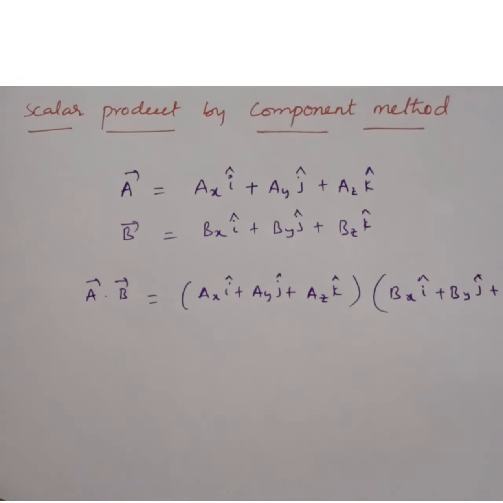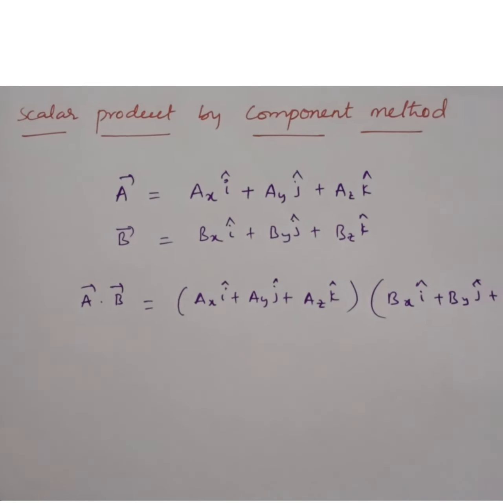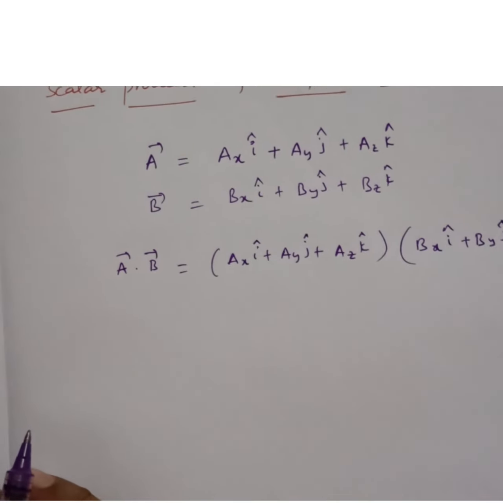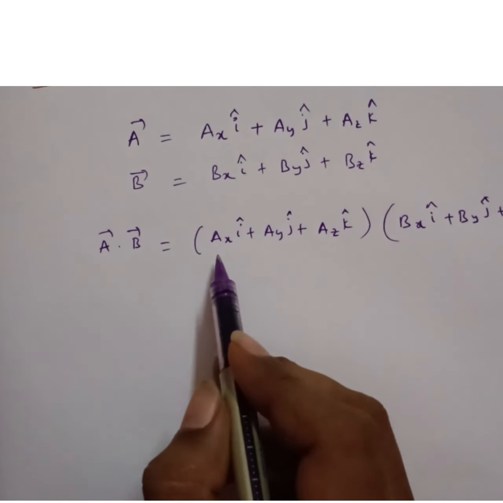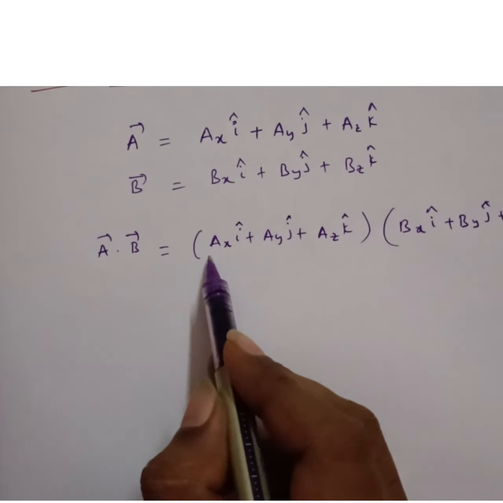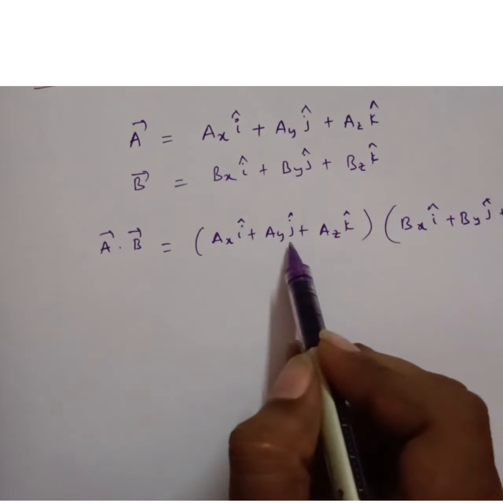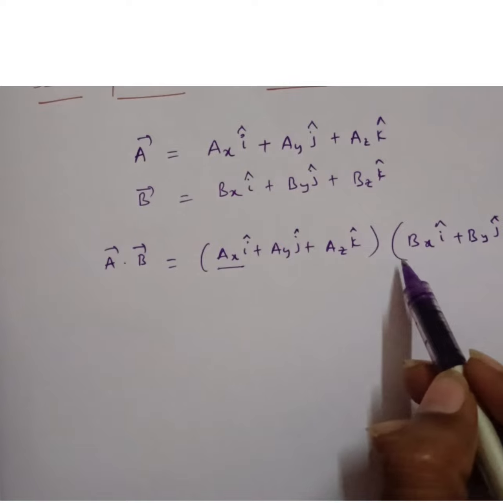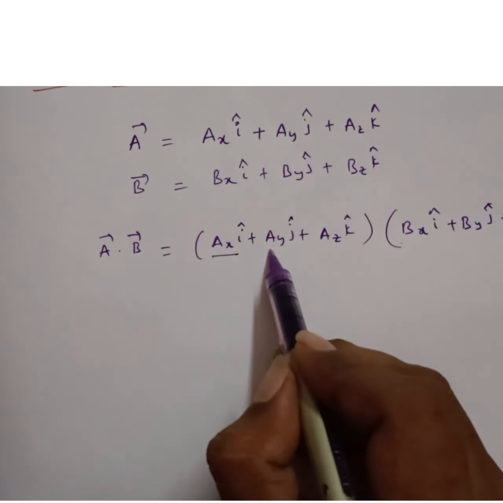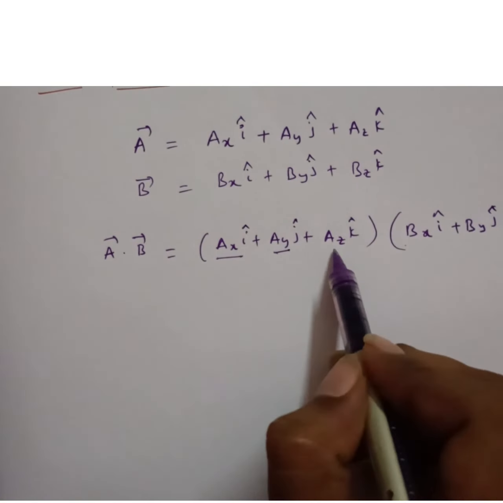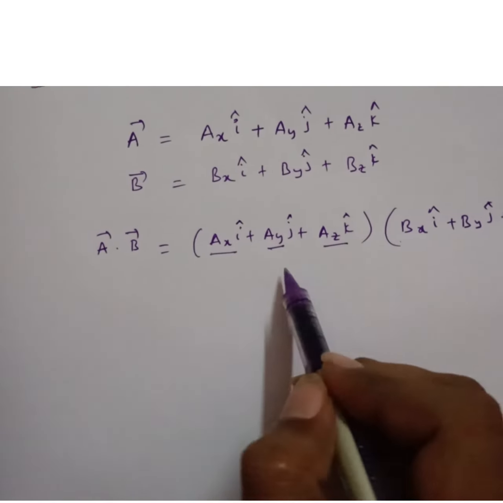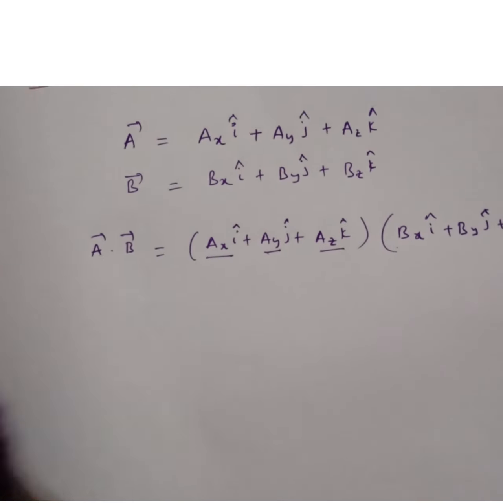It's very simple, like general multiplication, but we should follow some rules here. Generally, if we have an equation like (x y z) into (x y z), we multiply each of these three with each of these three, a total of 9 terms we will get.